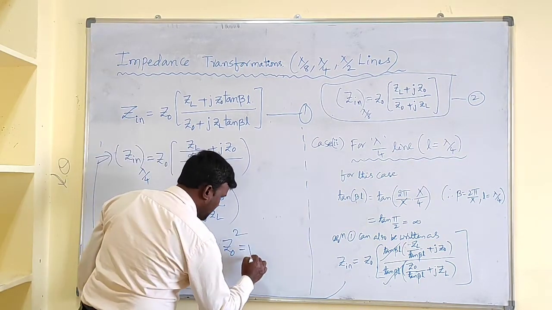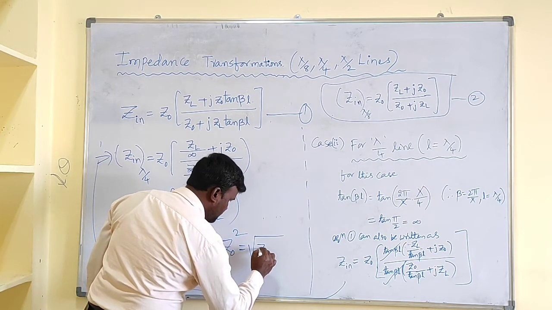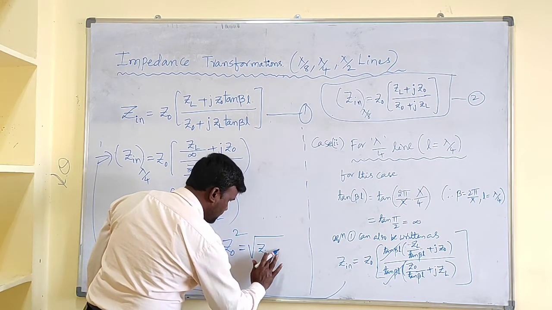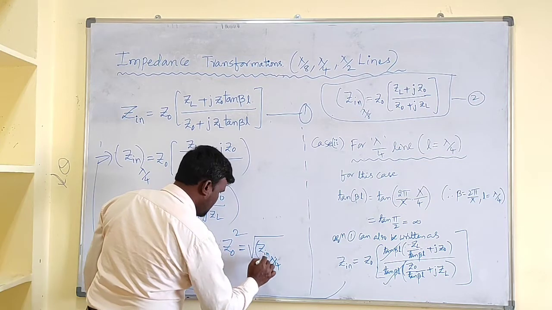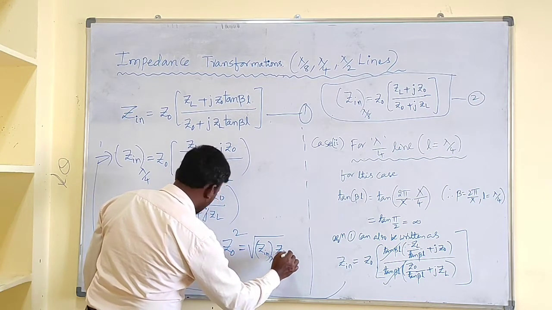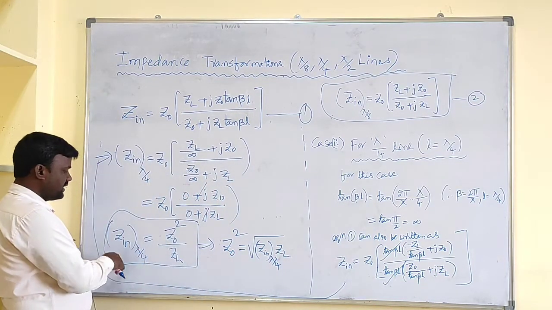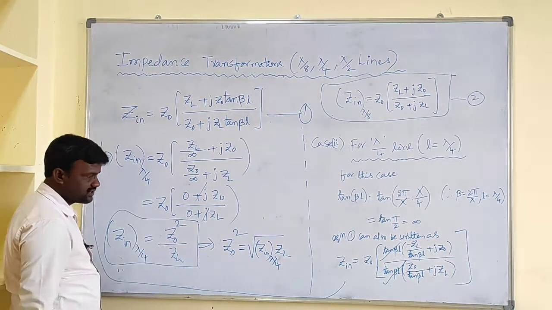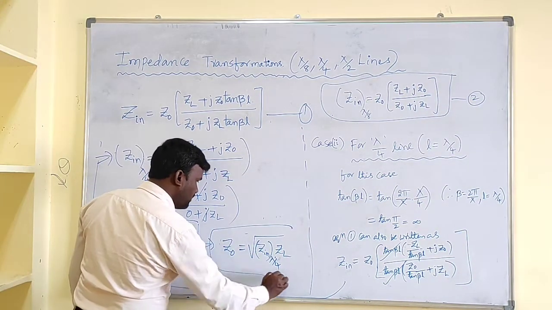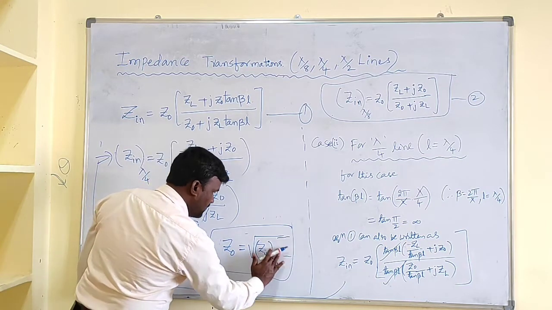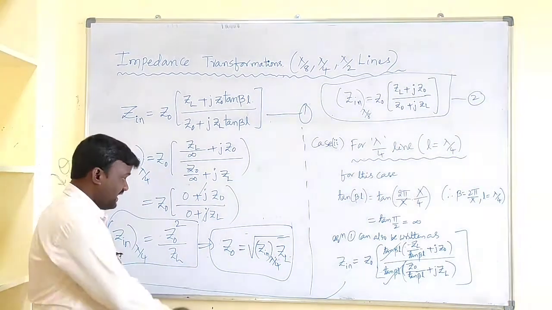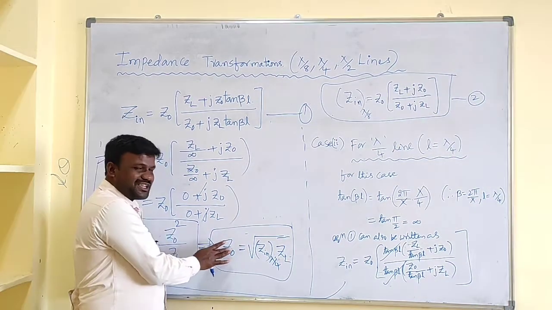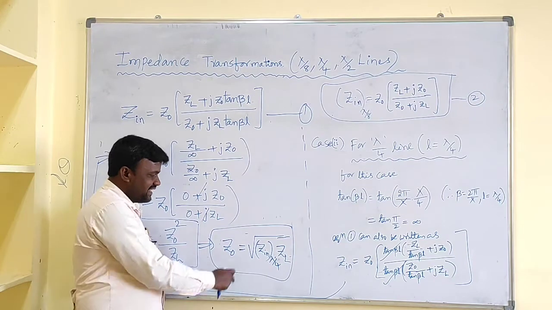Sending this term to this side, Zin lambda by 4 into ZL is equal to Z0 square. Then Z0 is under root of Zin lambda by 4 into ZL. Now we can say the characteristic impedance for the lambda by 4 line is nothing but this.